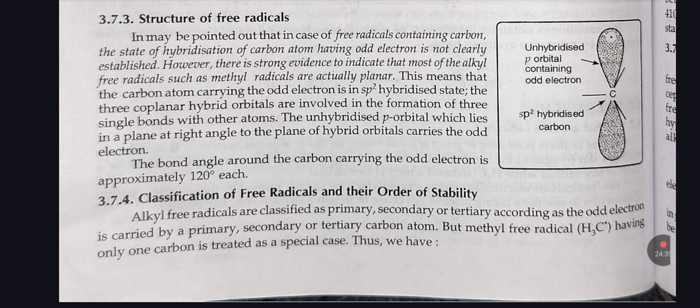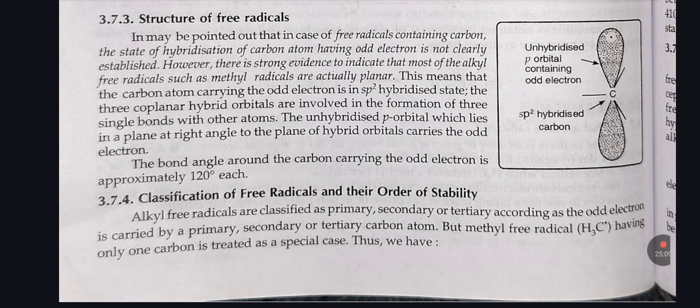The three coplanar hybrid orbitals are involved in the formation of three single bonds with other atoms. The unhybridized p orbital, which lies at a right angle to the plane of the hybrid orbitals, carries the odd electron. The bond angle around the carbon carrying the odd electron is approximately 120 degrees each.